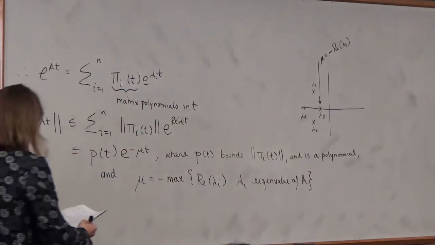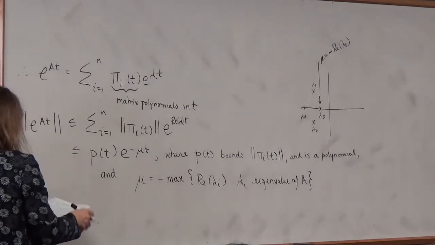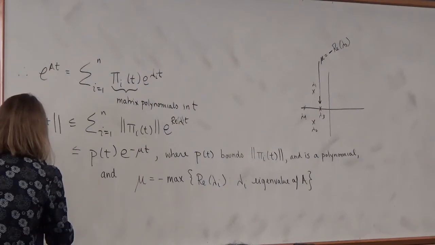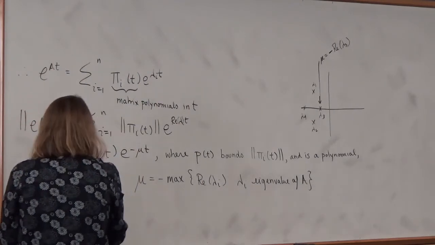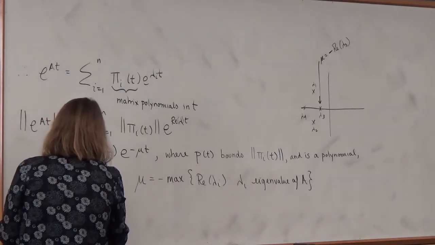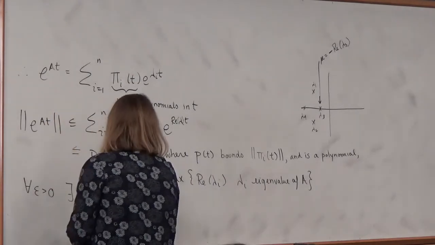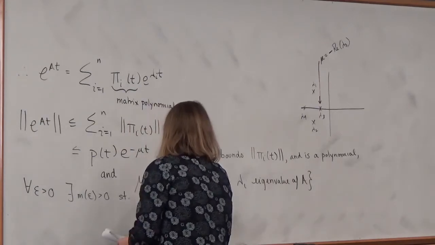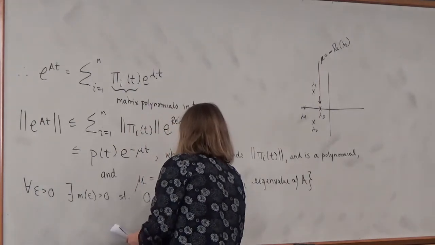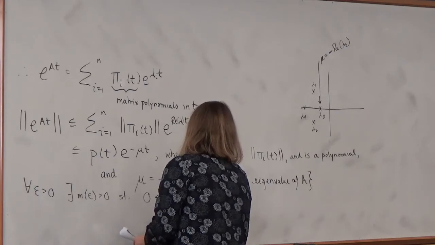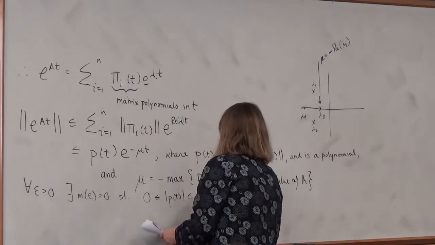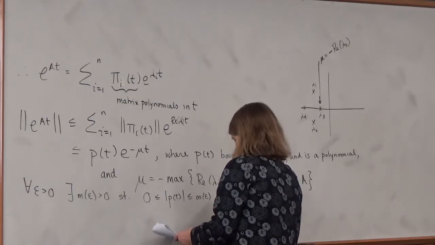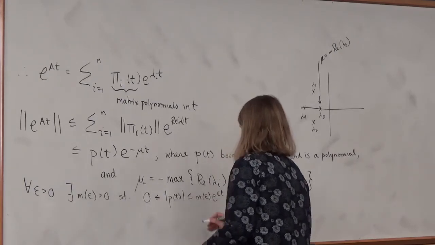All right, so because P of t is a polynomial, I know that for all positive epsilon, there exists some positive number, which is a function of epsilon, such that I can bound the absolute value of P of t, it's just a scalar, to be between 0 and m of epsilon e to the epsilon t.